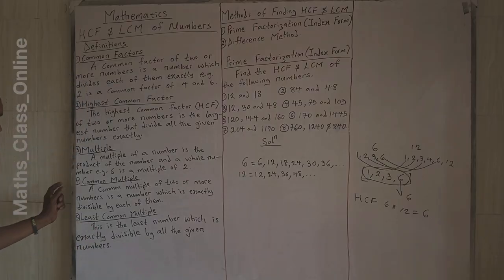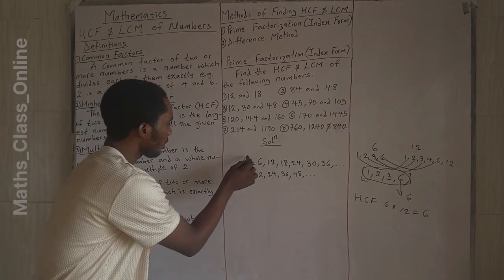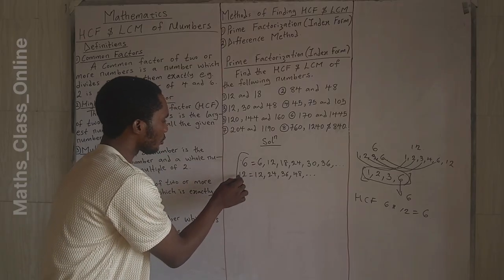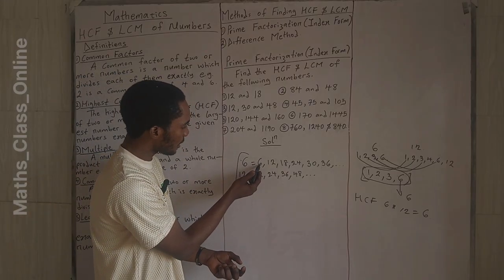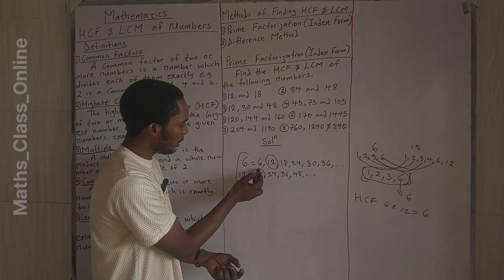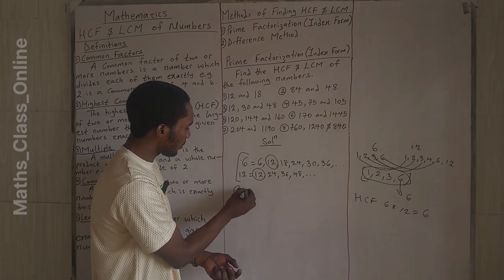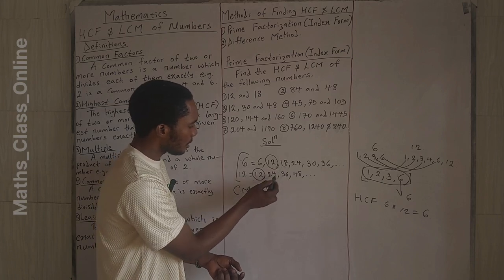The next thing we have here is common multiple. What is the meaning of common multiple? If we are to find the common multiple of 6 and 12, what is common to this? You can see that we have 6 here, 6 is not here, but we have 12 here, and 12 is also here. That means the common multiples are what? 12. 18 is here, not here.